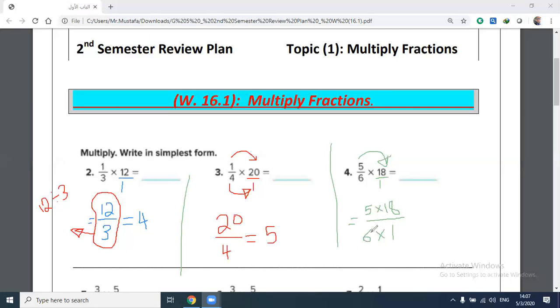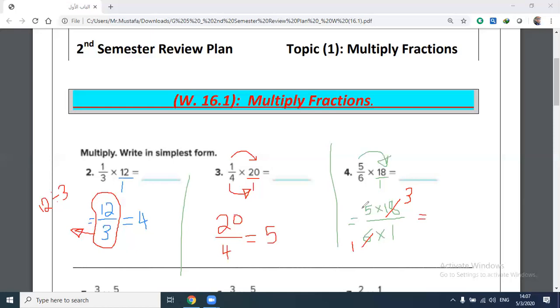So I can divide 6 by 6. Any number divided by itself gives us 1. 18 divided by 6 equals 3. Is there any common factor in the numerator and denominator? There is none. So I will multiply what I have.